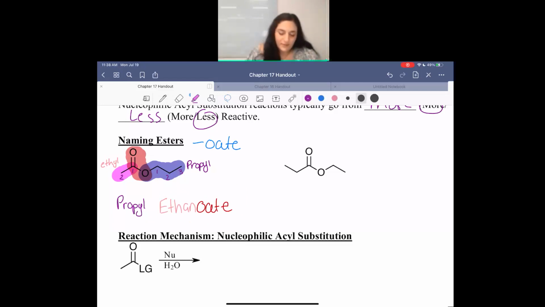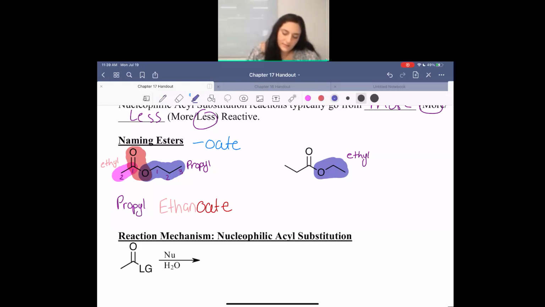Alrighty, so let's do that one more time. We have our purple group. How many carbons are on the purple group? So yeah, we're pretty much going to treat the R group here kind of like a substituent. That's a good way to think about it. Okay, so here, yes, we have an ethyl.